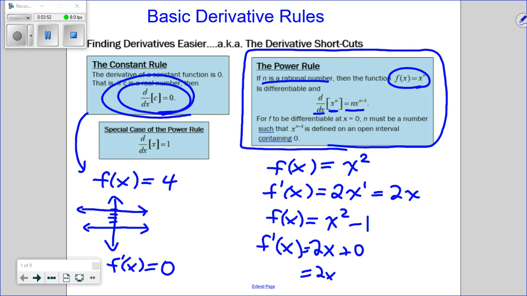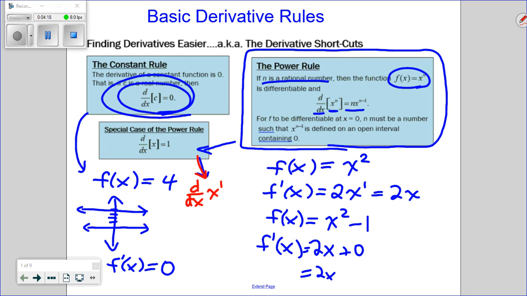Now, there is a special case of the power rule. Okay, so what if we want to find the derivative of x to the first power? Well, let's just see how that works out. Let's just apply our power rule to that. So if we're finding the derivative of x, right now the exponent on x is a 1. Okay?